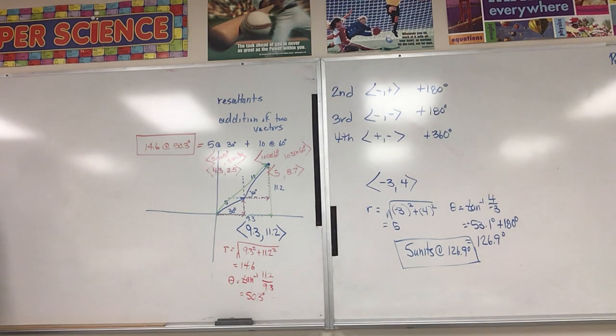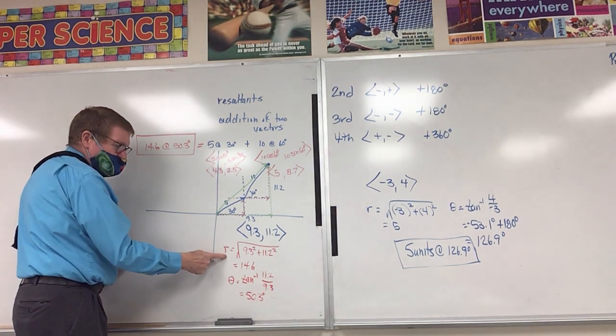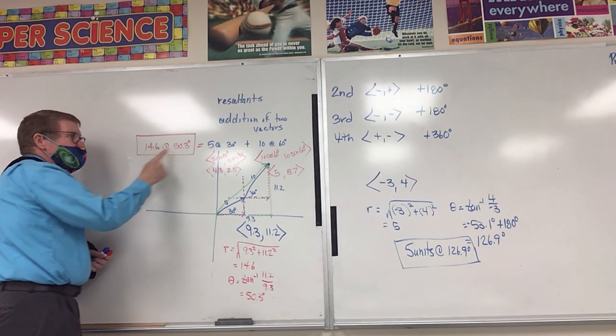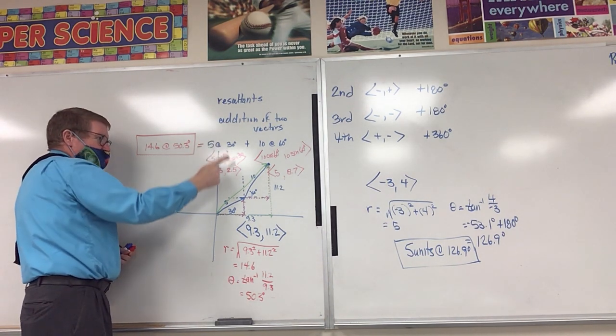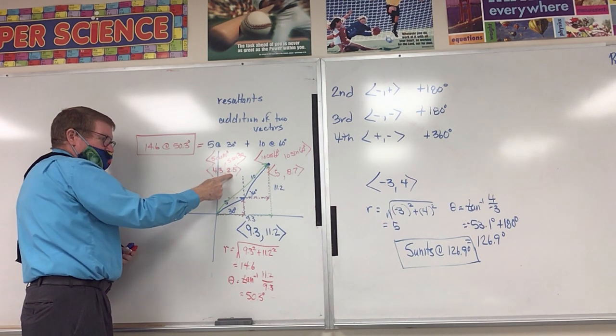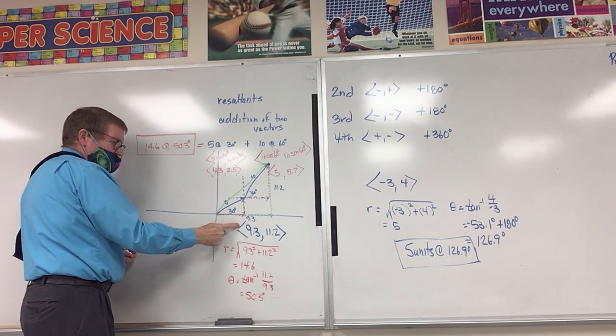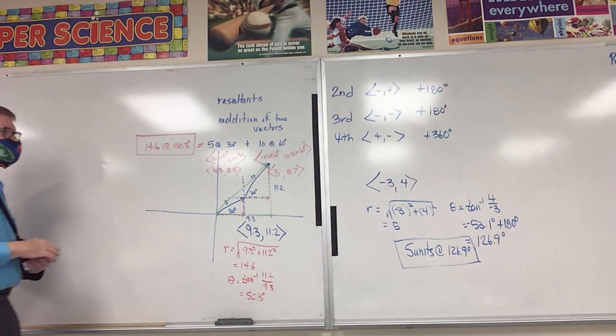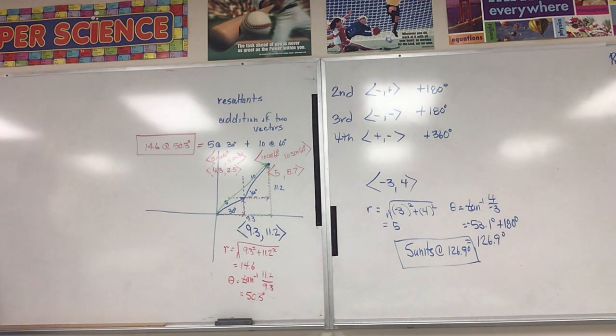Then I'm going to take that coordinate form and put it back into vector form, which I did here. And that gives me my resultant. Vector form, coordinate form, add the coordinates, then take the coordinate form and put it back to vector form. We got 14.6 at 50.3. That's what you do when they're asking you to add two vectors.